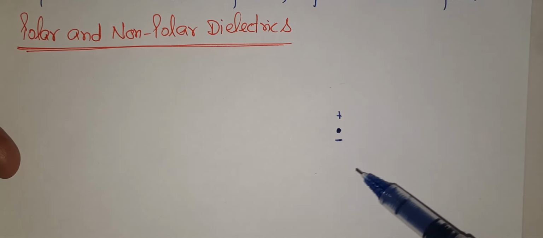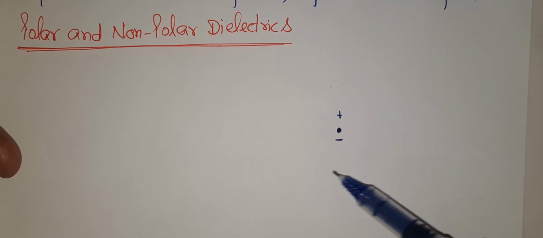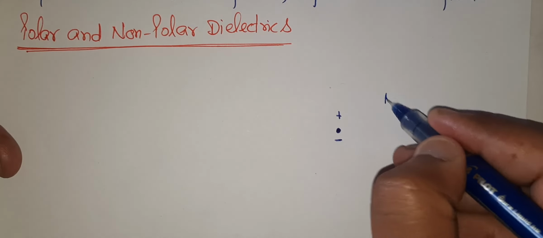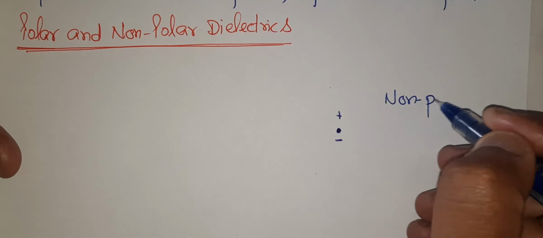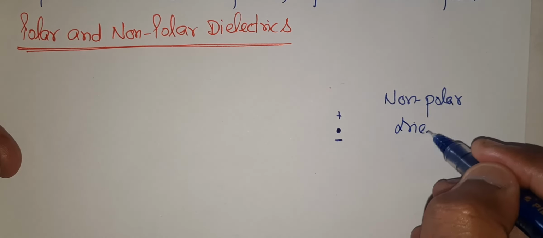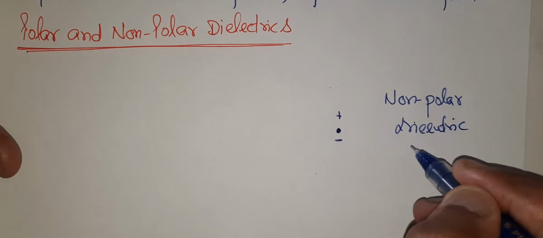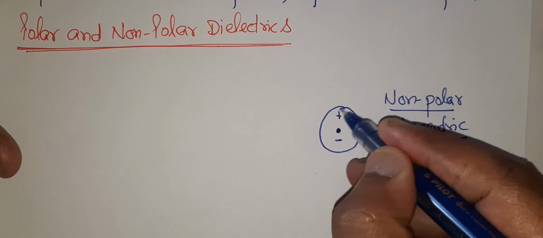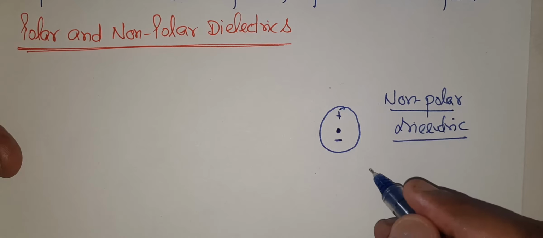If separation between them is zero, dipole moment of this particular system will be equal to zero. So this is a non-polar dielectric. So dipole moment of a non-polar dielectric is zero.